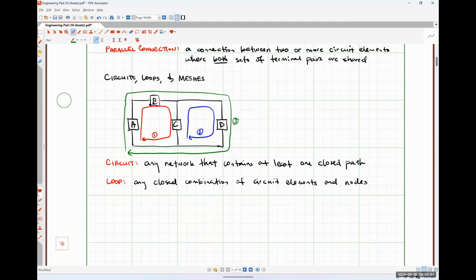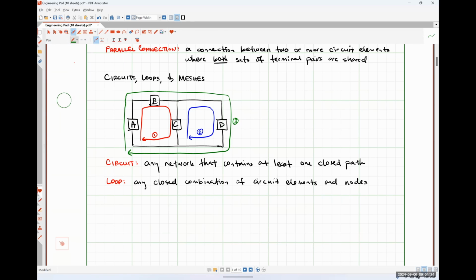So correctly identifying, let me rephrase that. Correctly identifying the number of loops isn't necessarily going to be that big of a thing in this class. However, there is a special case of a loop, which we call a mesh, that is going to be very important, and it has its own associated circuit analysis tool with it.